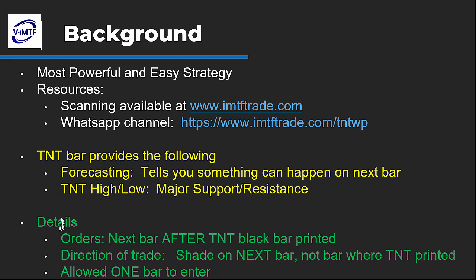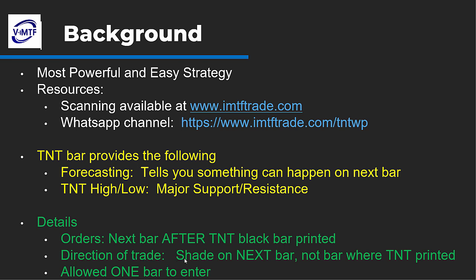Remember, all the orders for the TNT strategy, along with all the other vIMTF strategies, are always on the next bar, and only for one bar completely, and that's it. Also, the direction of the trade: for this TNT strategy, you always want to make sure you have a shade on the TNT bar.